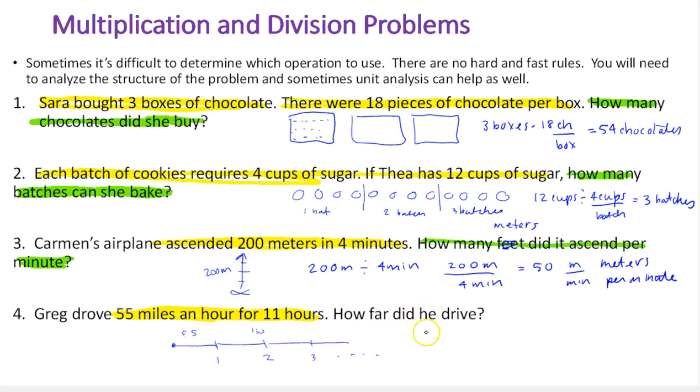So the distance, how far he drove, is 55 miles per hour times 11 hours. Okay, notice the hours will cancel and we'll just be left with miles, and that's how we measure how far he drove. And so we need 55 times 11, well that would be 550 plus 55, which is 605, and you could do that on your calculator or by hand, which is 605 miles.